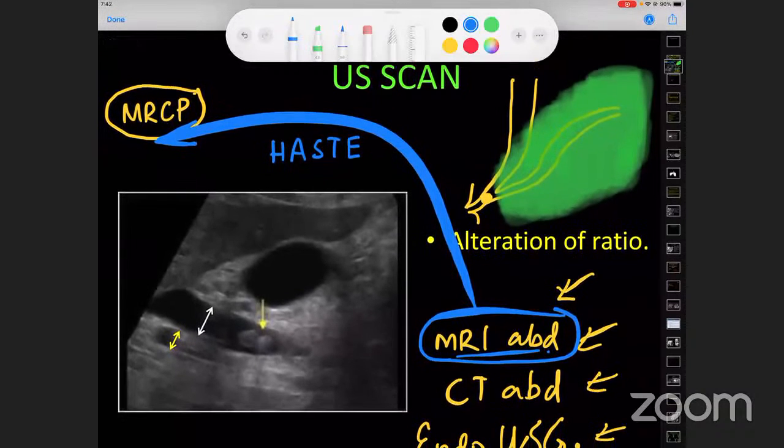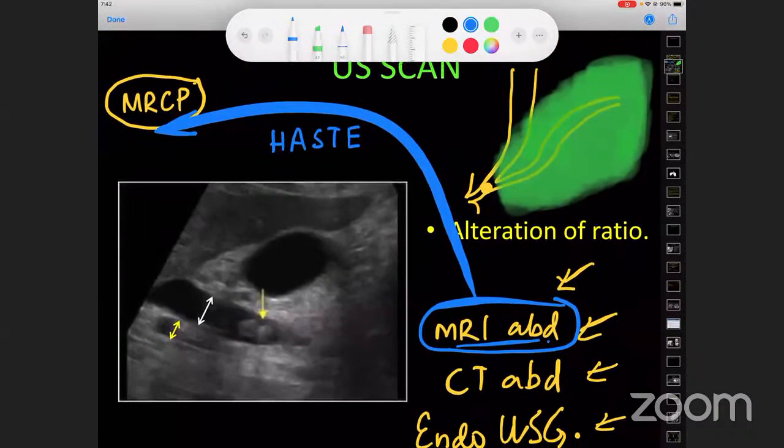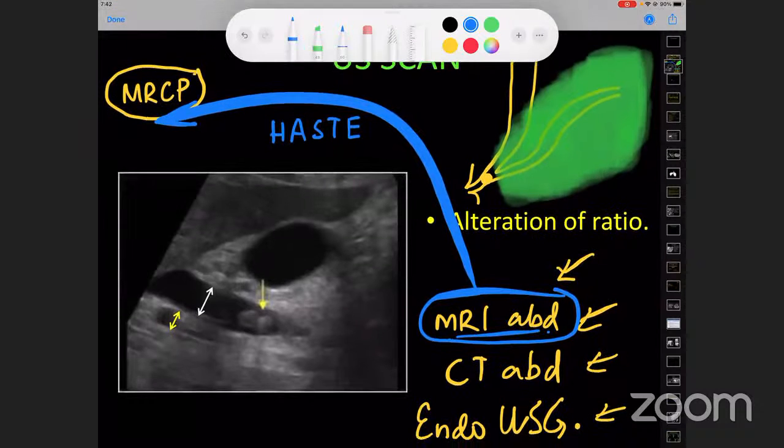Only the contrast comes in when we want to see the pancreatic necrosis, that is after 3 to 4 days. Before that, to see the morphology of the pancreas, the peripancreatic extent of the inflammation, any intrapancreatic cystic lesion, the status of the pancreatic duct, the status of the common duct, whether there is a stone present or not, MRI abdomen with MRCP would score the best.